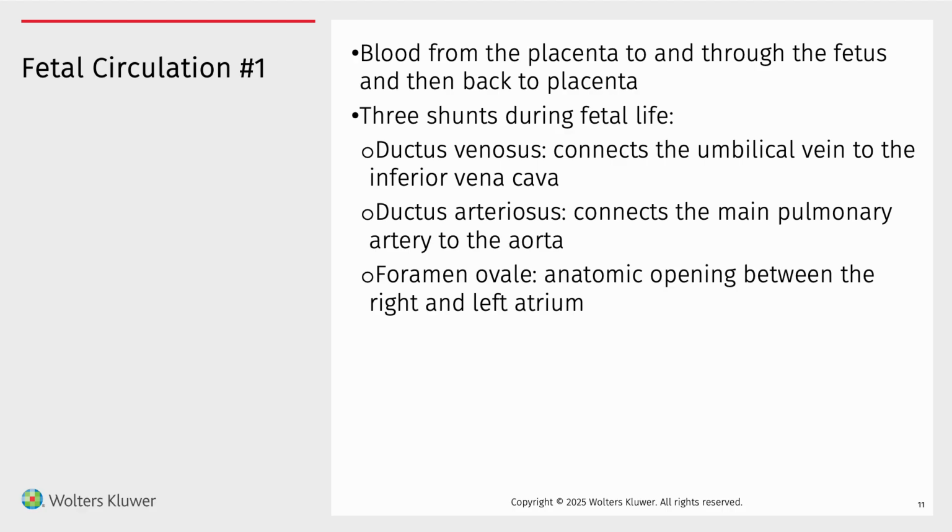We already know the lungs are non-functional at this time. Understanding these pathways is crucial for nursing students to grasp fetal physiology and anticipated postnatal adaptation. If you know what you're working with, then you can better anticipate the implementation you need and the outcome.